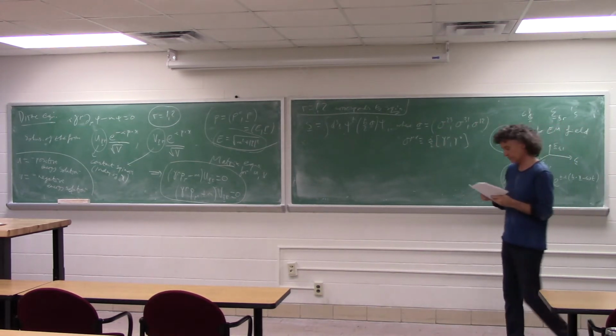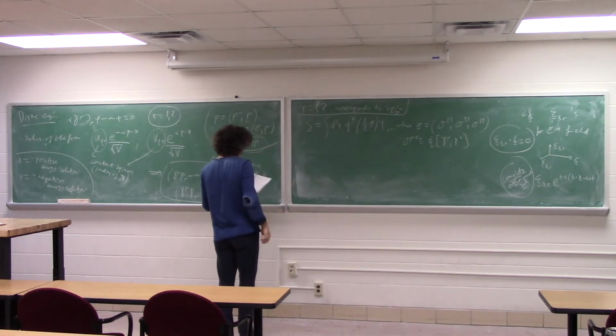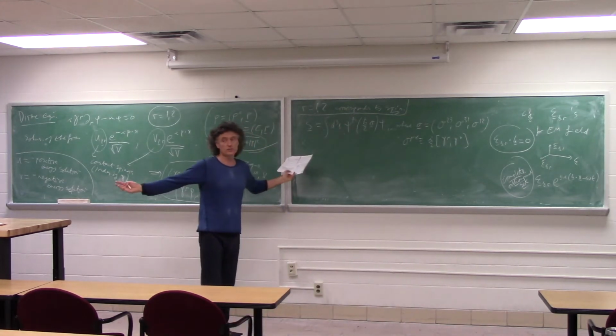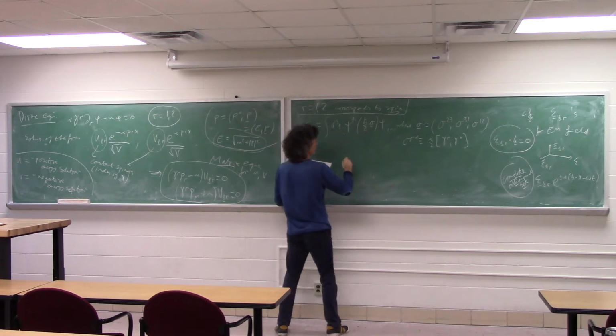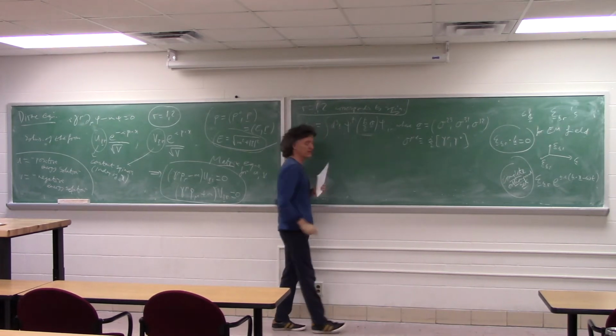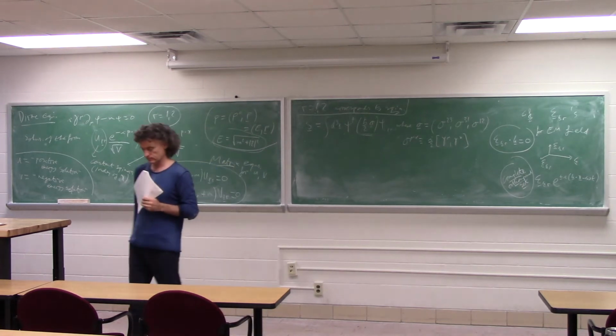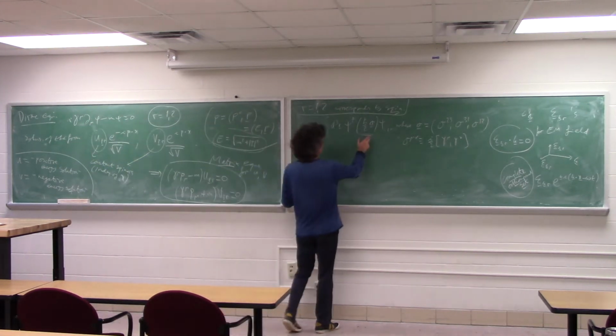Now, something that is commonly used is to consider the following. You think of this as being a bit like the spin operator or the spin matrix that you're normally used to.